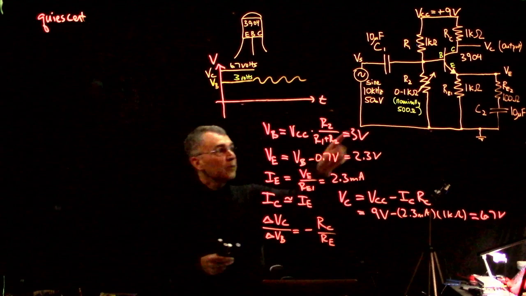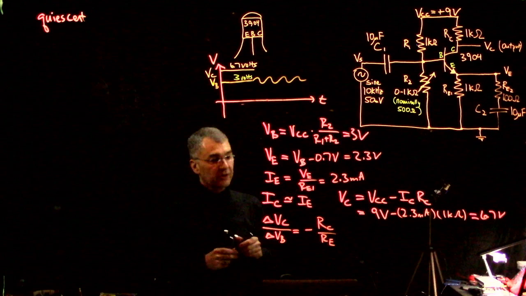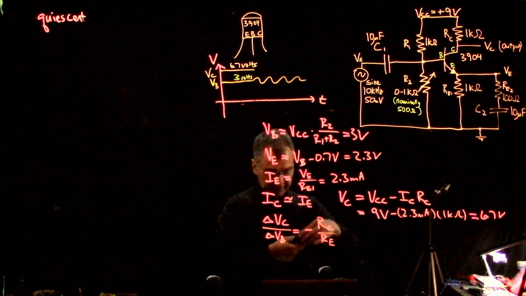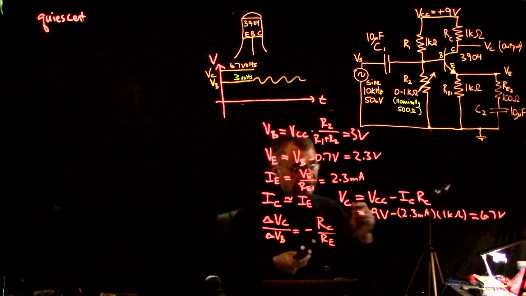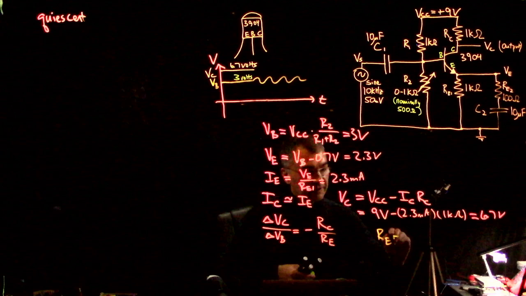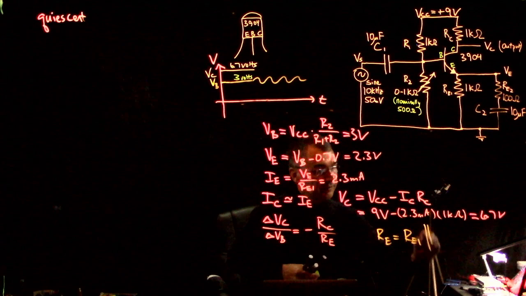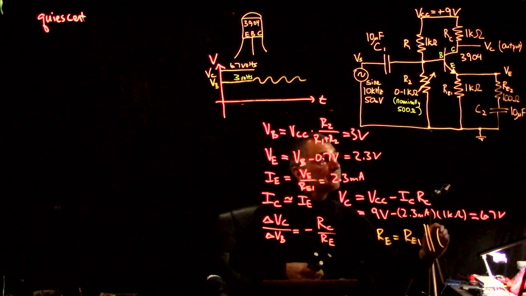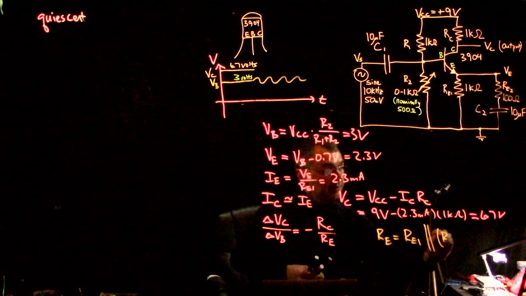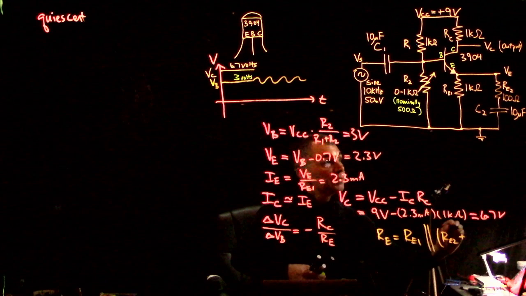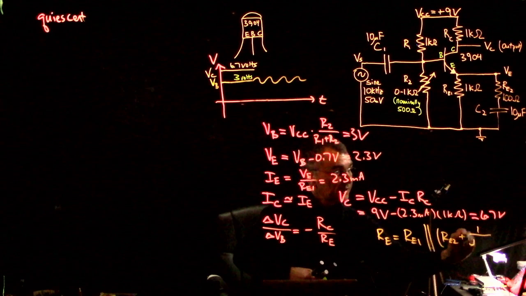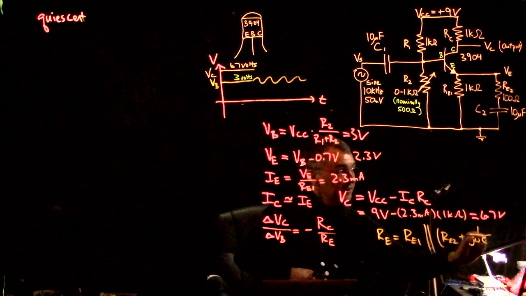But now we've done something tricky with RE, because in this case RE is RE1 in parallel with RE2 plus 1 over j omega C2.